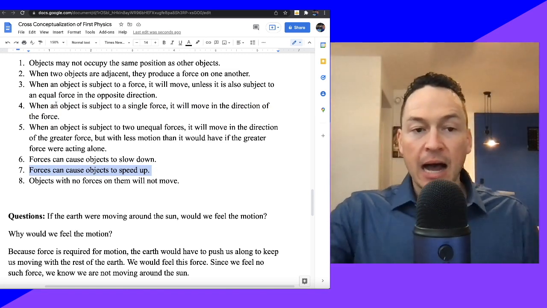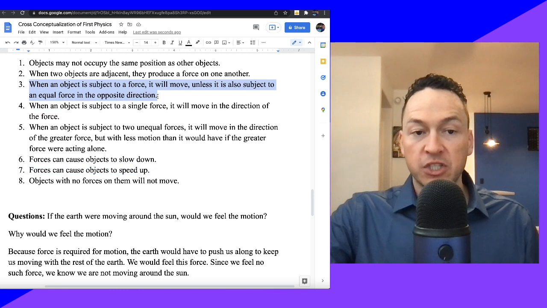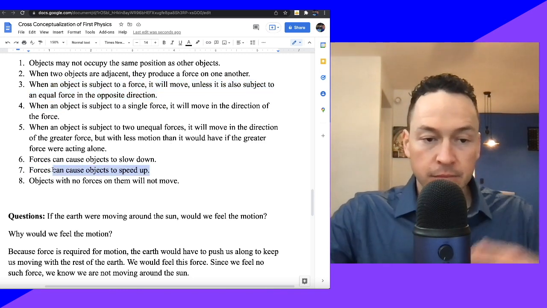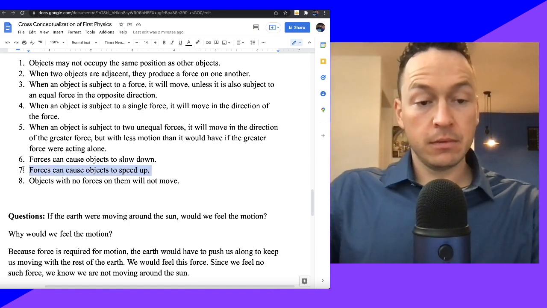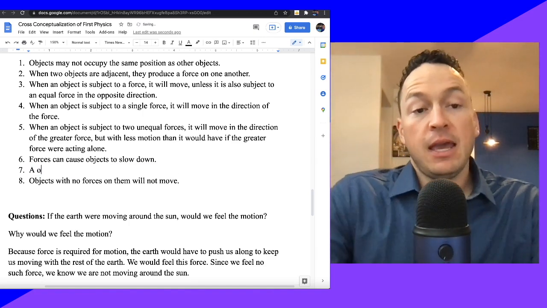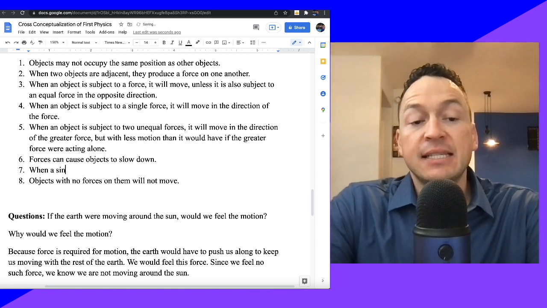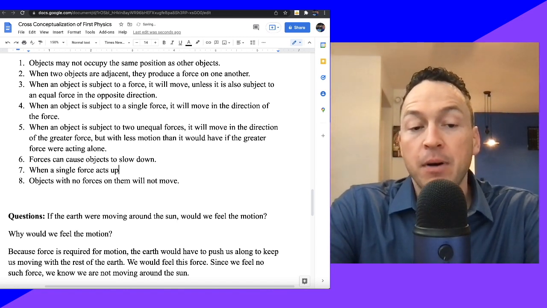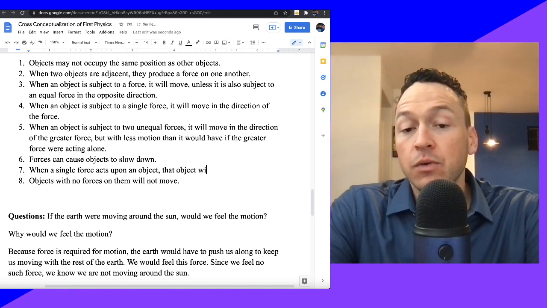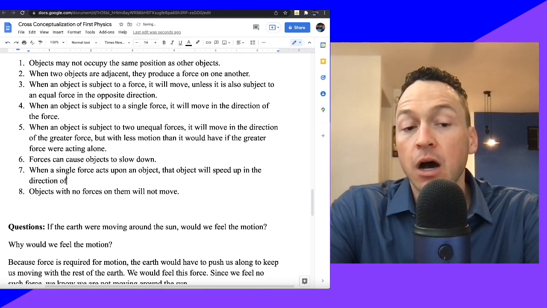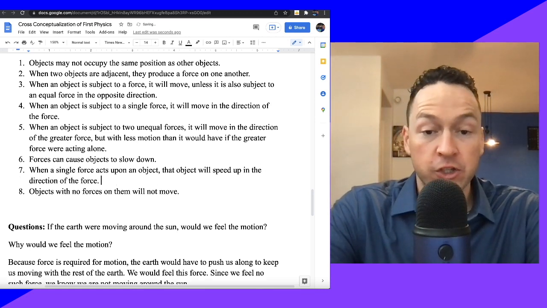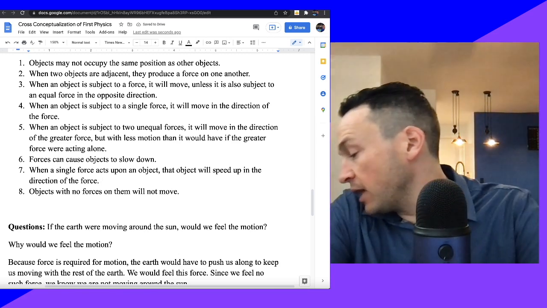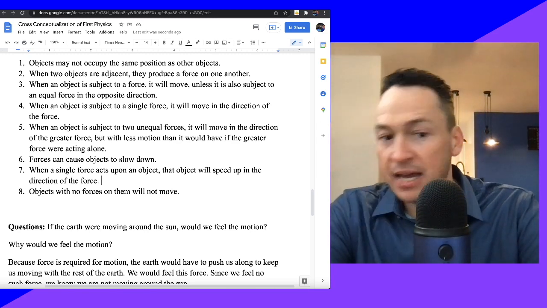Well, I can actually merge these two statements. When a single force acts upon an object, that object will speed up in the direction of the force. Is that always true? And Galileo would be able to see that, yes, that is always true.